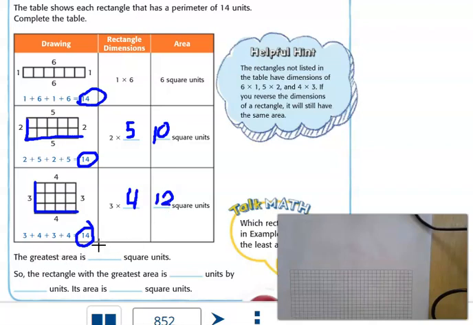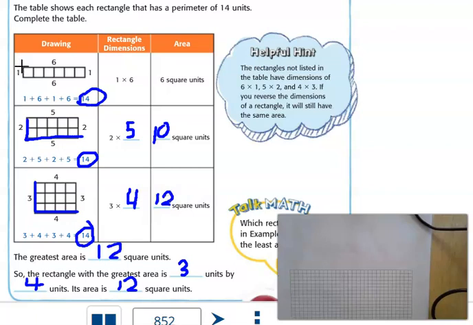So the greatest area is 12 square units. The rectangle with the greatest area is 3 units by 4 units, because the area is 12 square units, and obviously 12 is greater than 10 and greater than 6. So that's how we can have shapes with the same perimeter and different areas.